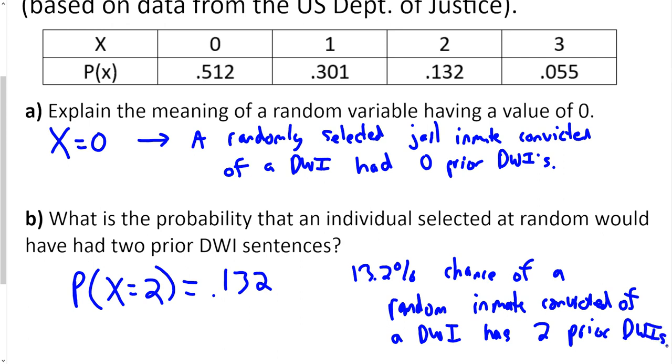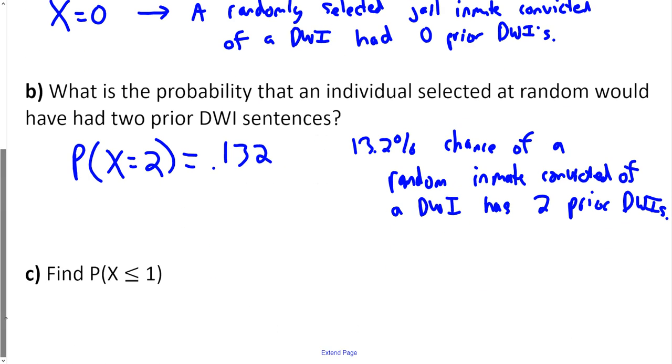Okay. So last question I've got for this one, find the probability of X being less than or equal to 1, meaning they have at most 1 DWI. So the probability of X, capital X, being less than or equal to 1 is truly the probability of X being 1, or 0.